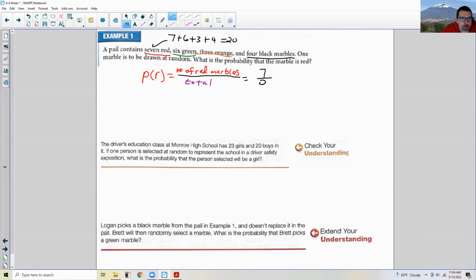So there's 20 marbles in this pail. Okay. So 7 over 20 is equivalent to 3.5 over 10, which is 35%. So the probability of drawing a red marble out of that group of marbles in that pail is 35%.